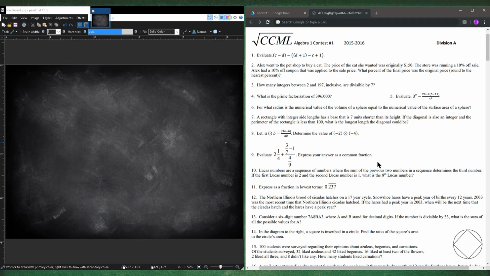So 2 and 1/4 plus 3/7 minus 1 over 4 ninths, and you have that in fraction form. Sorry, I might have put this in wrong. 2.25 plus 3/7 minus 1 plus 4 over 9.